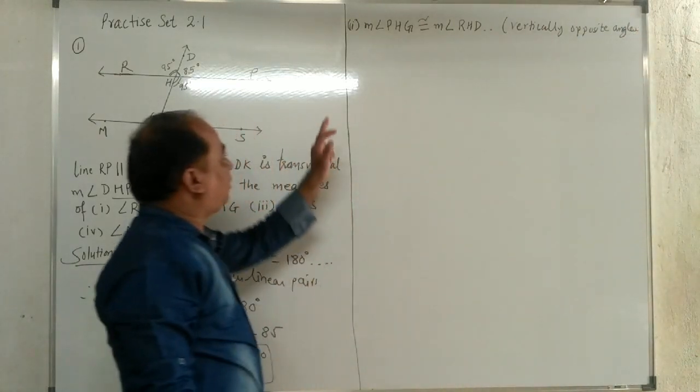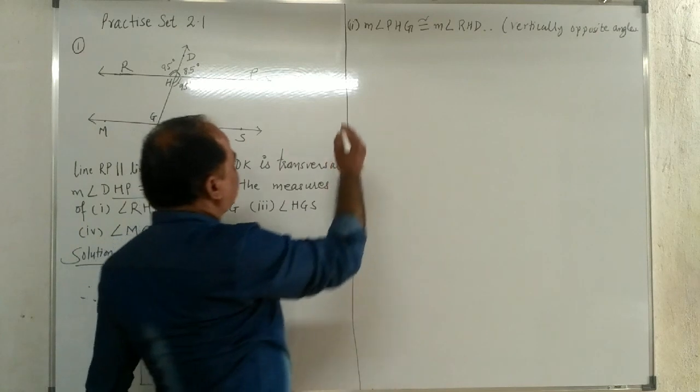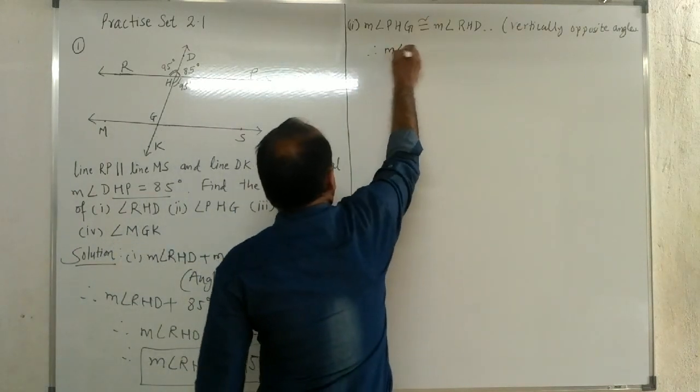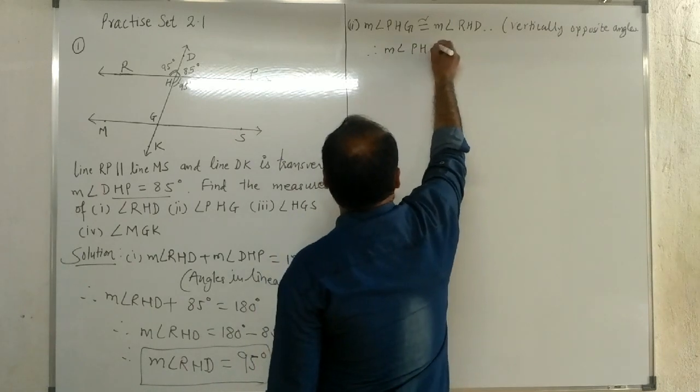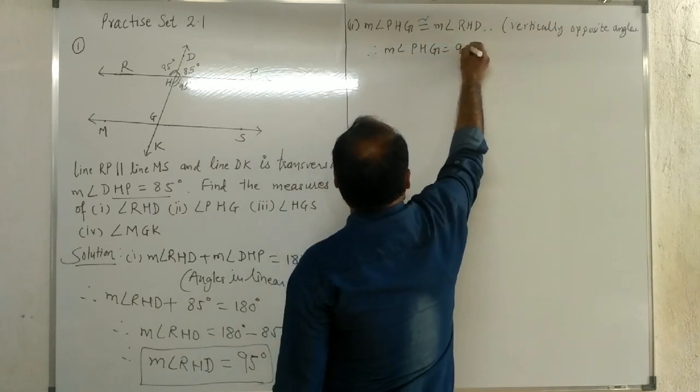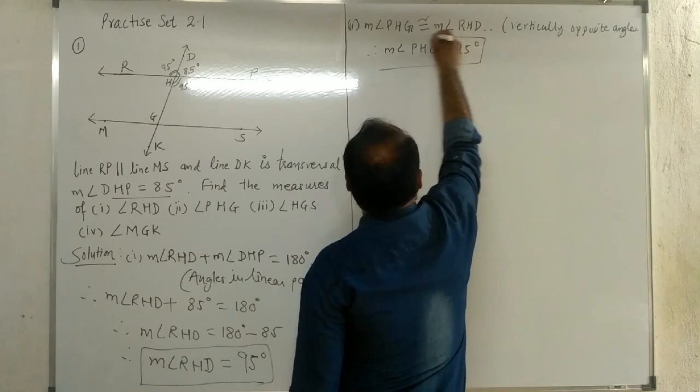Therefore, since measure angle RHD is 95, PHG is also 95 degrees.